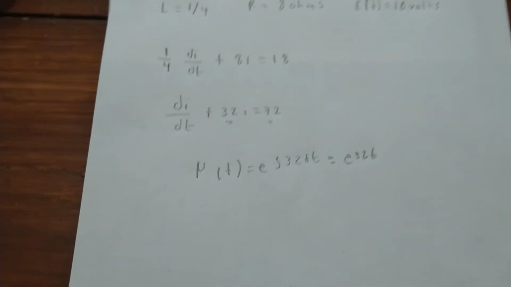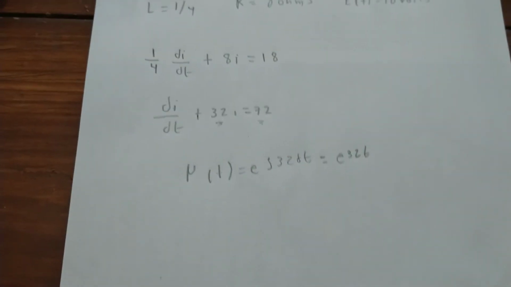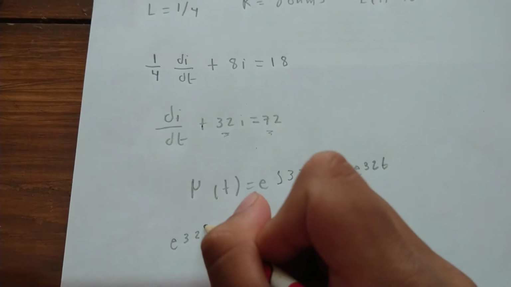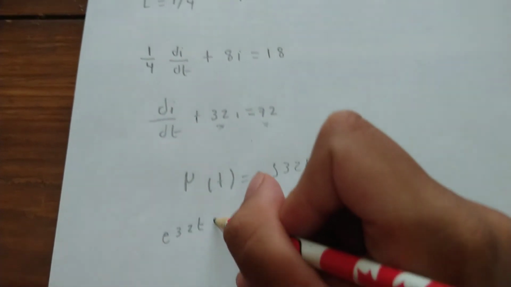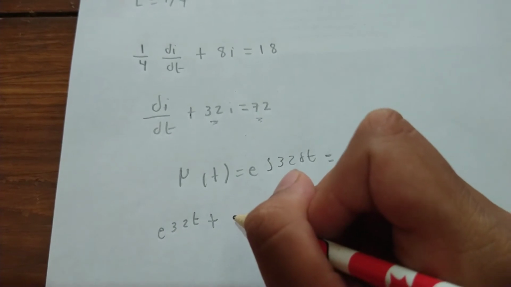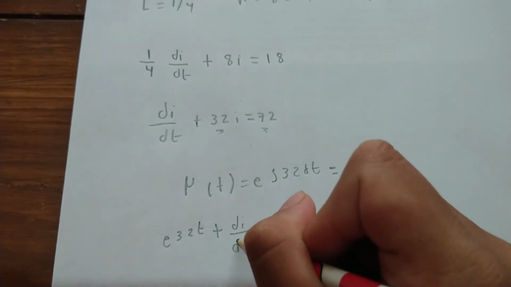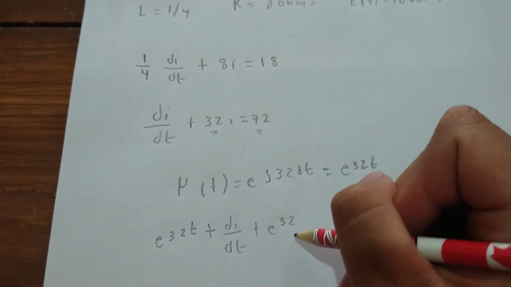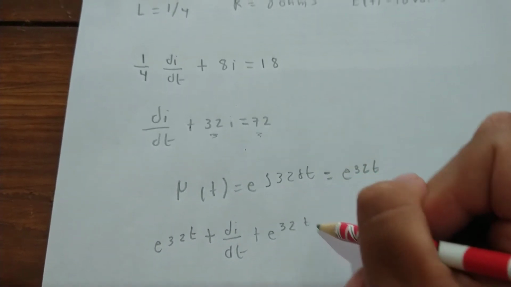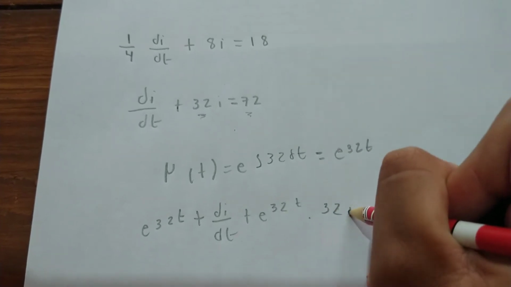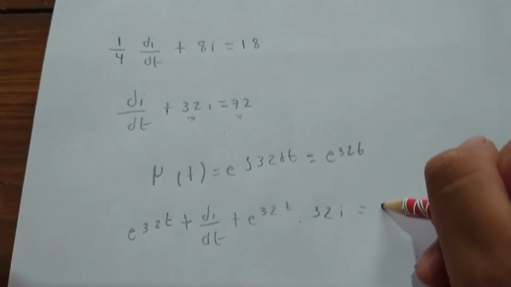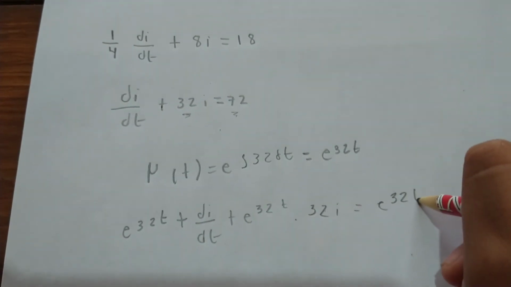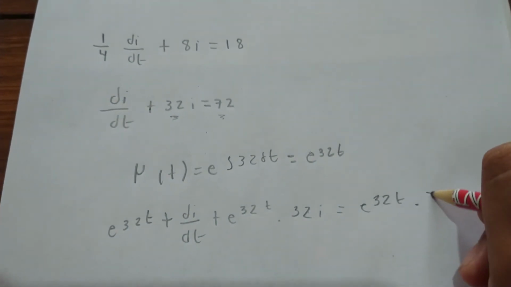So we'll have e to the 32t times di/dt plus e to the 32t times 32i must be equal to e to the 32t times 72.